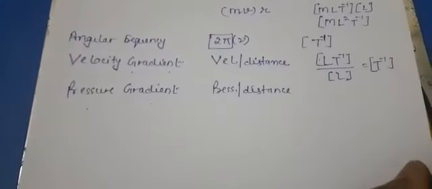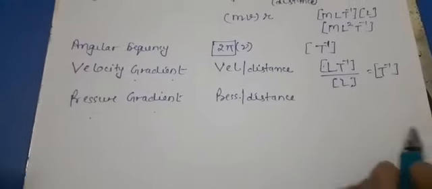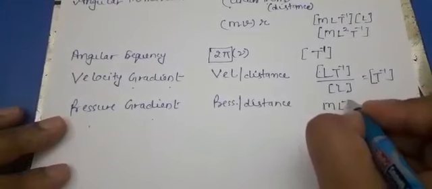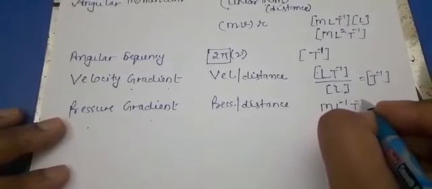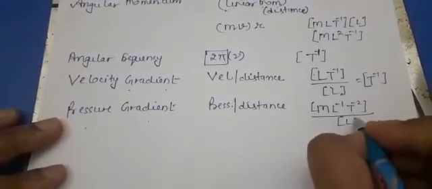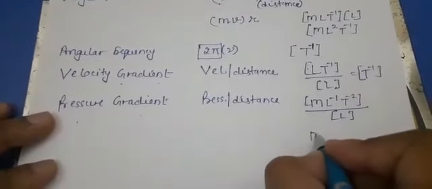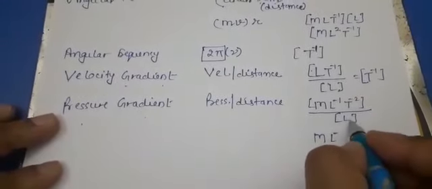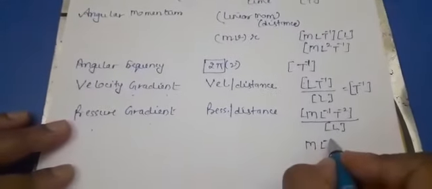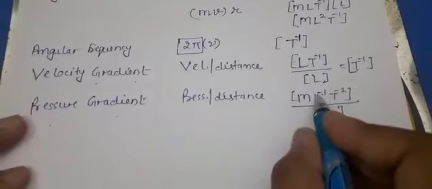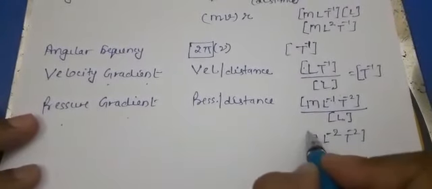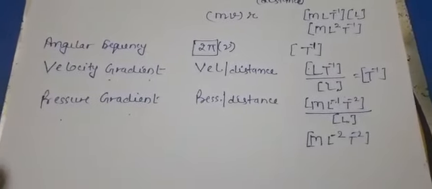Pressure was force per unit area, so the formula was M L minus 1 T minus 2, upon L. So M L minus 1, this if it goes in the numerator, again minus plus. So this is minus 2, T minus 2. Pressure gradient.